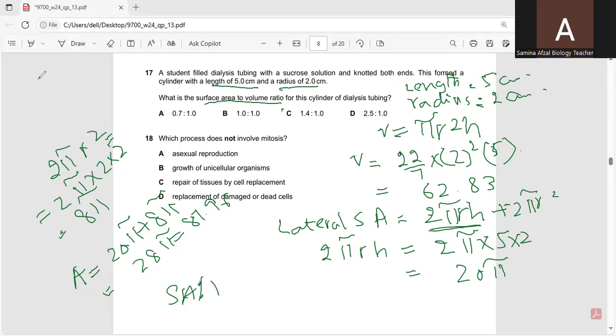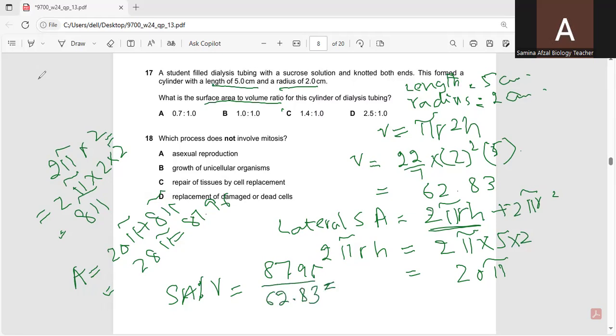So the surface area to volume ratio is equal to 87.96 by 62.83.